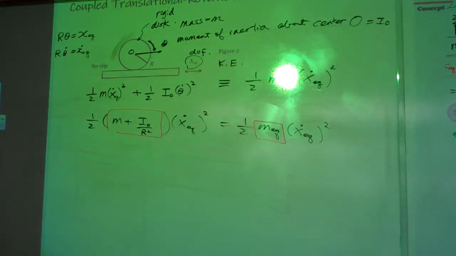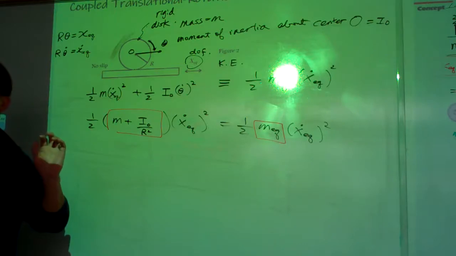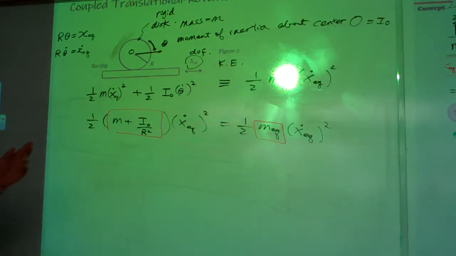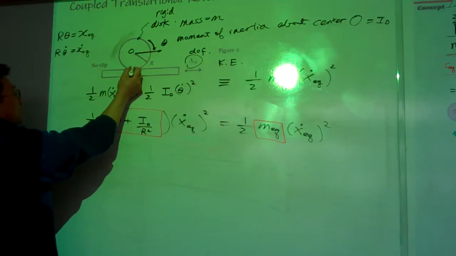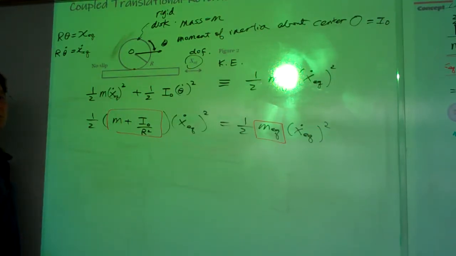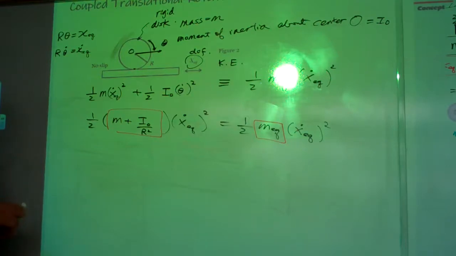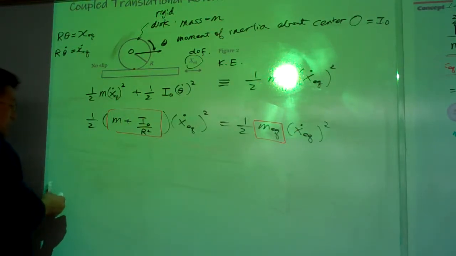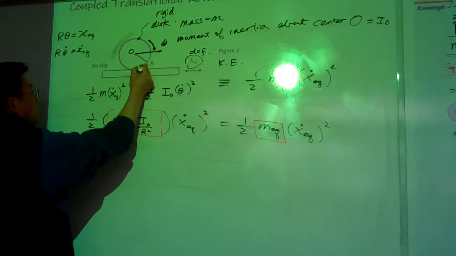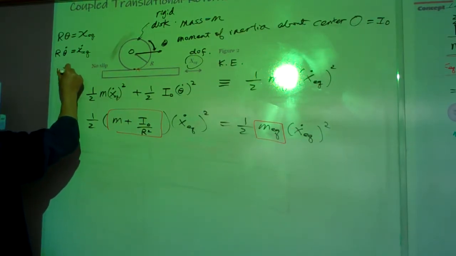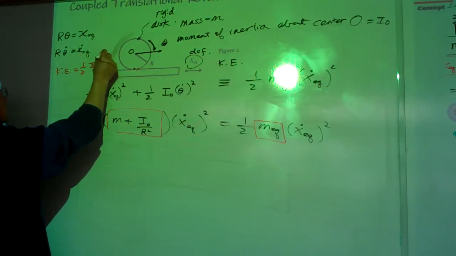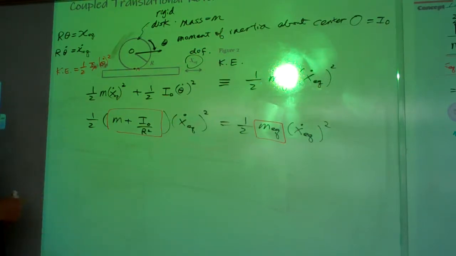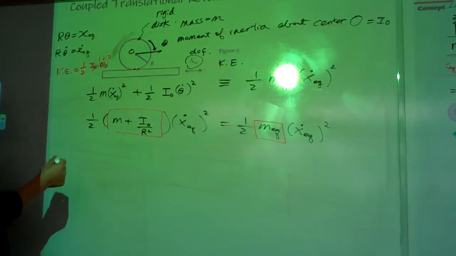If you still remember a little bit from when you learned dynamics, for this kind of rotating system, you can visualize that this disk is rotating about this point, and we call it A. Then the entire kinetic energy of this disk, described with respect to this point, is equal to 1/2 times I with respect to point A times theta dot squared. You can go back and look at your textbook.